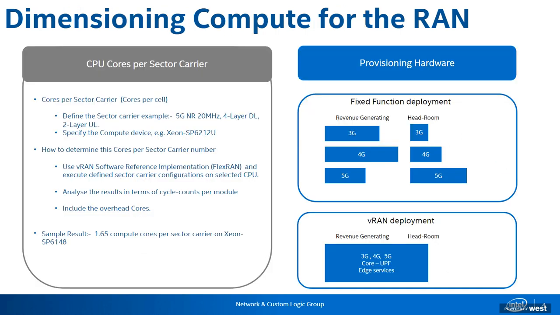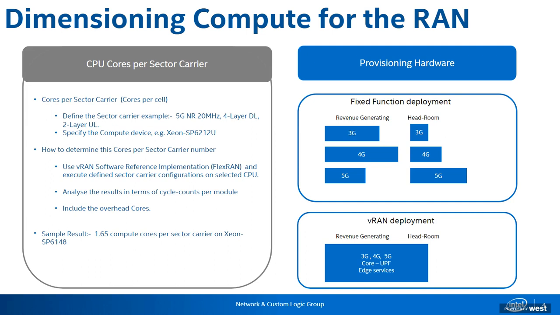So now, when we talk about compute for the WAN, how do we dimension that compute, and what kind of parameters and metrics do we use? A metric we've used as we have developed our software-based WAN implementations is cores per cell.